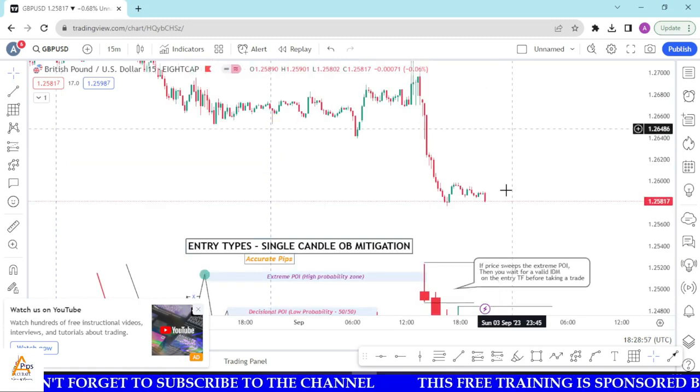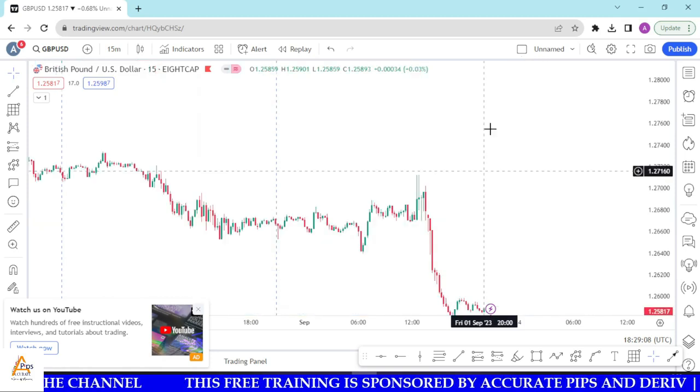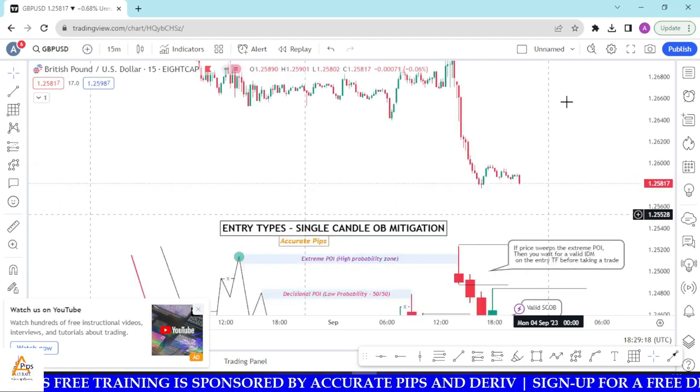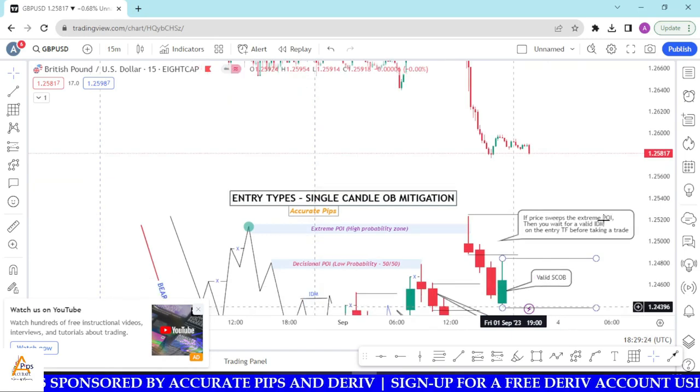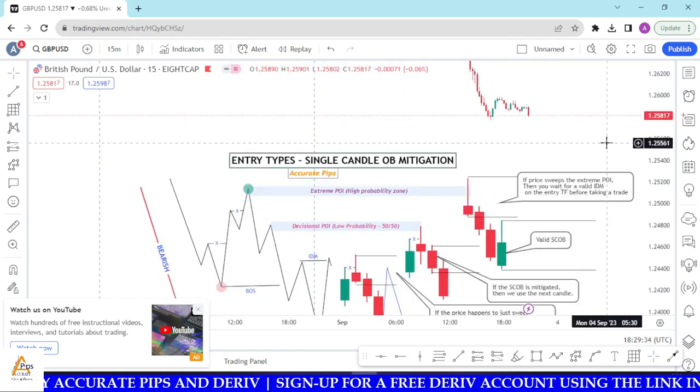Because a single candle order block is also an IFC, and then we can have IFCs that are not formed through a single candle order block. Like for instance here, I told you here, when the top one here is mitigated, then we use the next candle like we see here. Sorry, the chart is quite slow.